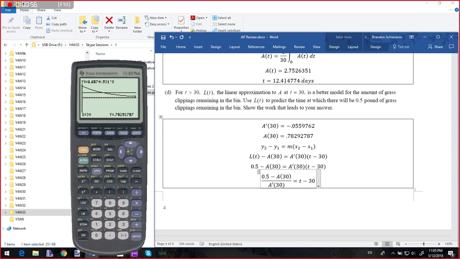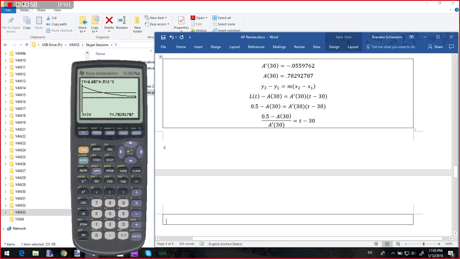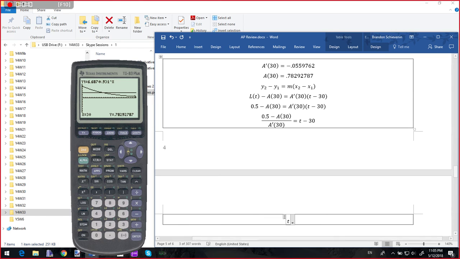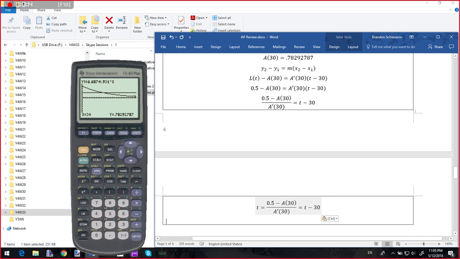I haven't added to both sides yet. And then I can add 30 to both sides. So I could say t is equal to all of this plus 30.